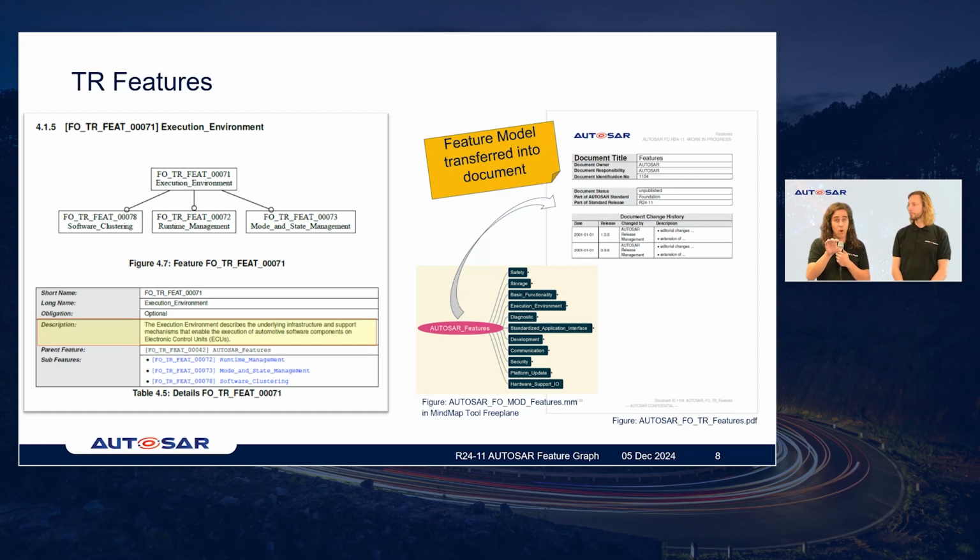And below that graphical representation, you get a table, and in the table you see all the details. For example, the description, or also, if specified, which platform of AUTOSAR the feature is applicable to. That would also occur in the table here.